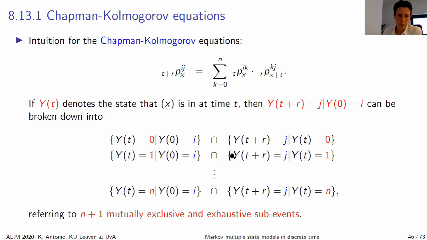All the possible paths to realize this event are shown over here, and these are all mutually exclusive and exhaustive sub-events. These are the only paths that are possible.